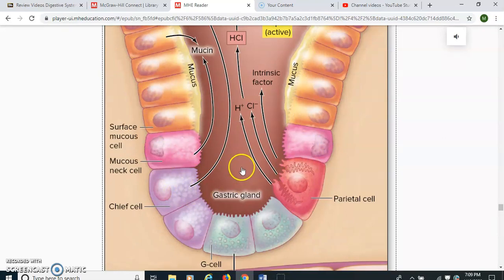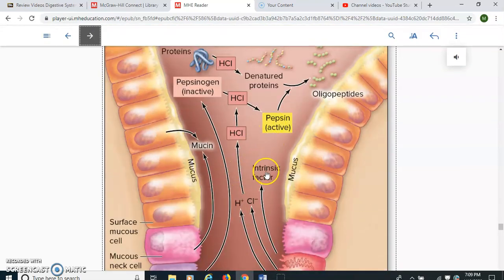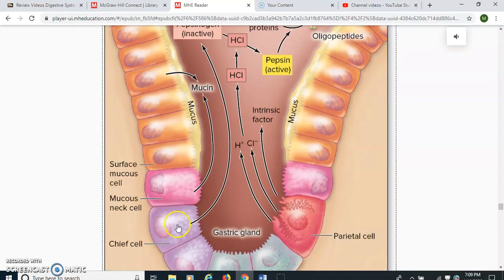The reason the chief cells don't produce pepsin and just release it is because pepsin breaks down proteins. If pepsin is made inside the chief cell, there's a chance that while it's in there, it will break down proteins inside the cell and destroy it.